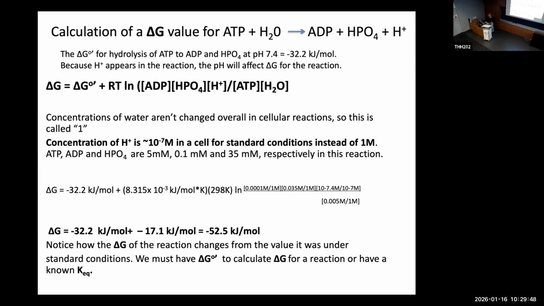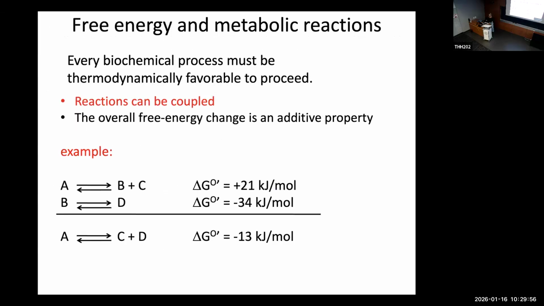Okay, so what's interesting about delta G's like this for different reactions is if you couple reactions, if you can get them to occur together, maybe in a sequence or in the same active site of an enzyme, they can be additive.